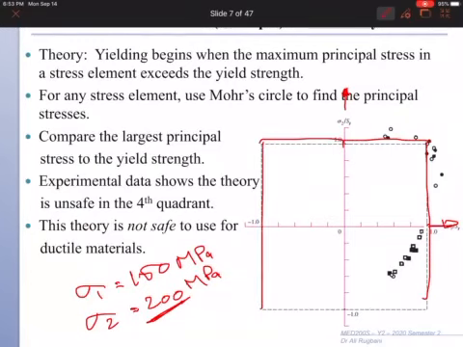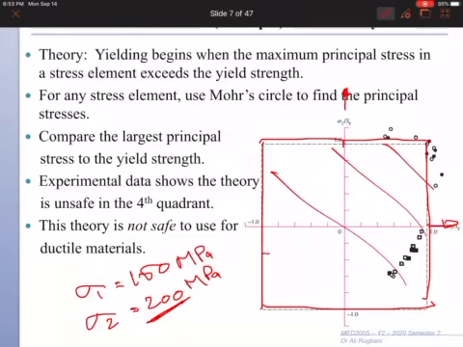So whether in tension or compression, any point inside this envelope is a safe area. If my stress is less than strength, that means we are safe.